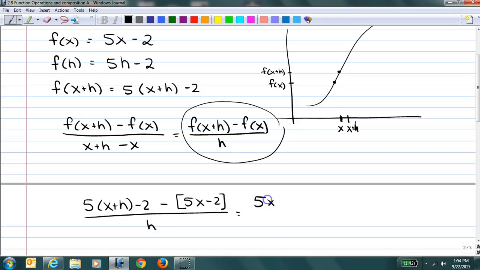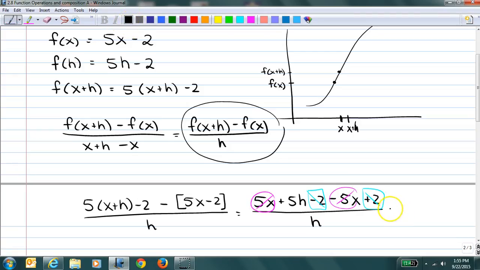That gets me 5x plus 5h minus 2 minus 5x plus 2 over h. Notice my 5x's knock each other out. My 2's knock each other out. All we're left with is 5h over h, and oh my gosh, the h's cancel. My difference quotient is 5. The slope between those 2 points is 5.